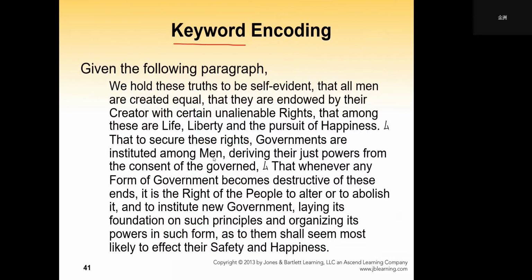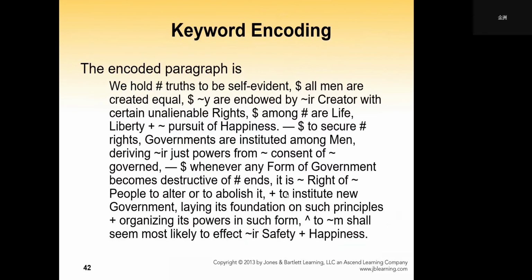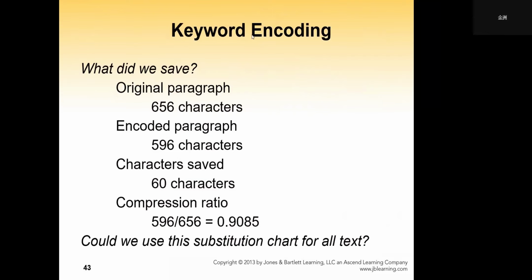After the encoding, we obtain this one as the encoded paragraph. We can calculate how many characters we originally used, and this number times 16, because each character uses 16 bits to represent. This is how many bits we need to encode this paragraph.